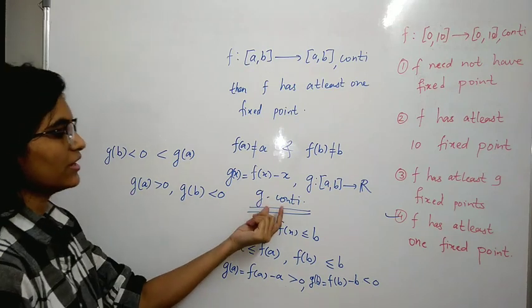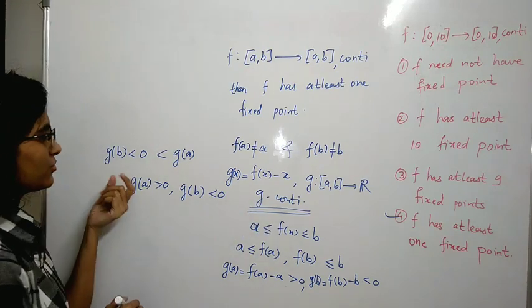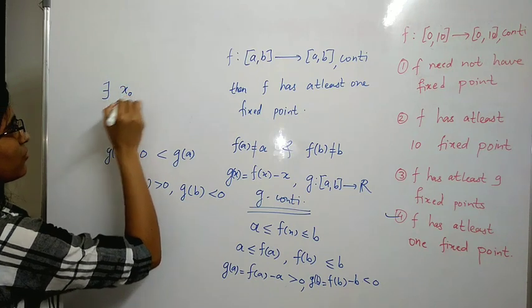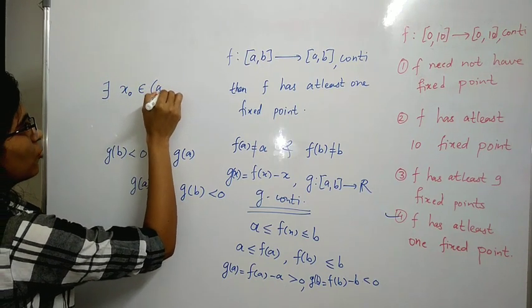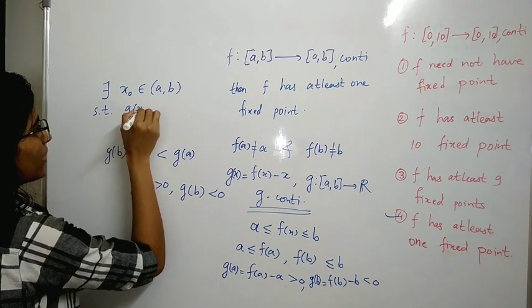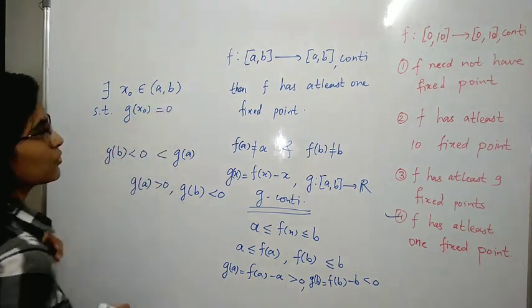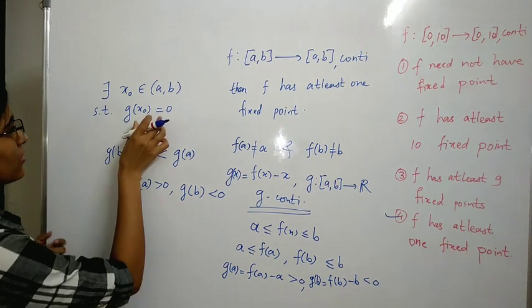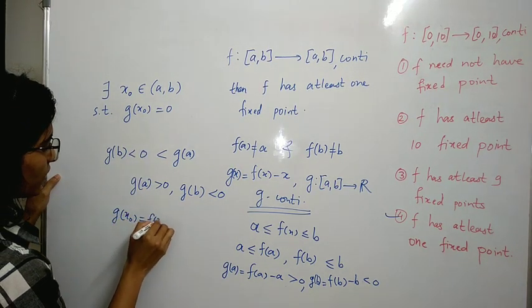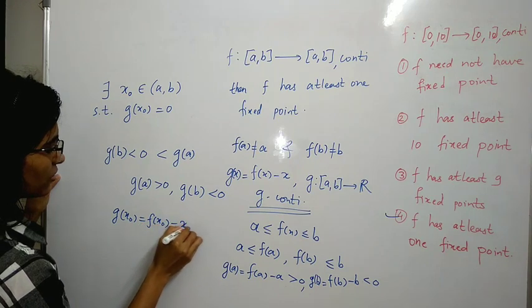And g is a continuous function, so by the intermediate value theorem there exists some point x naught in open (a, b) such that g of x naught is equal to 0, right? But what is g of x naught? This is just equal to f of x naught minus x naught, right?